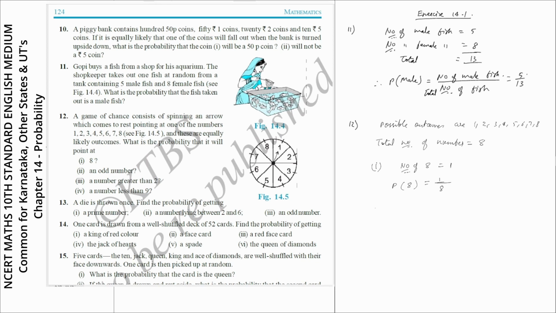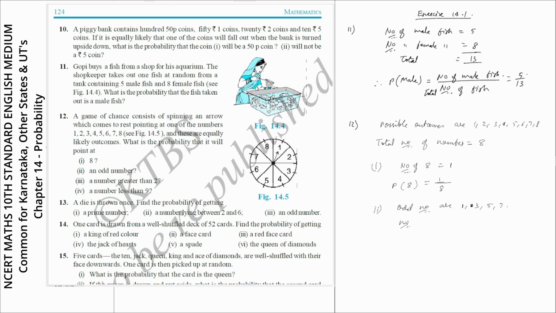Coming to second sub question. Here an odd number. The possible outcomes are 1, 2, 3, 4, 5, 6, 7, 8. What are the odd numbers out of this? 1 is an odd number, 3 is an odd number, 5 is an odd number, 7 is an odd number.